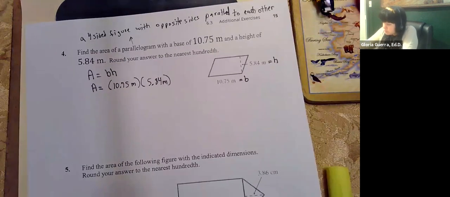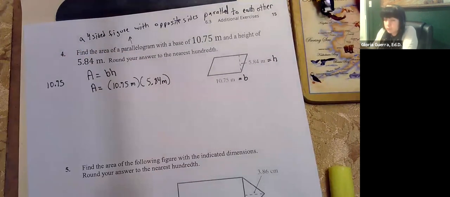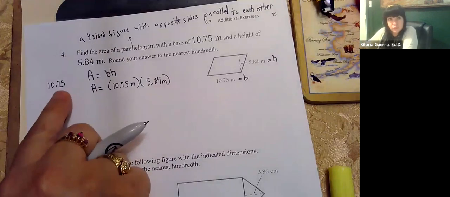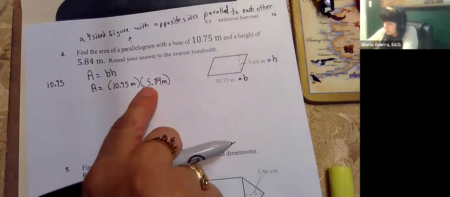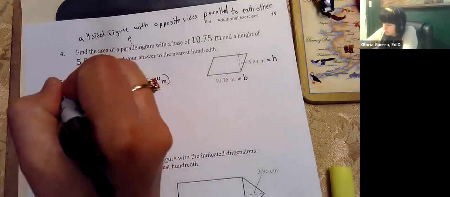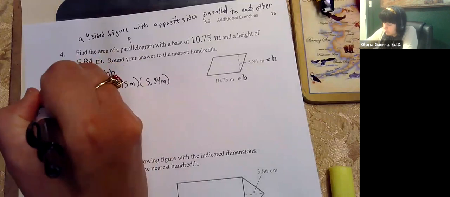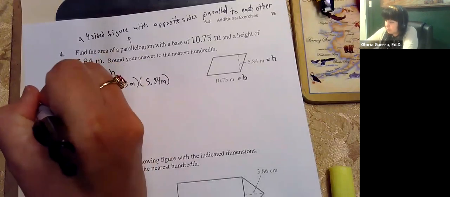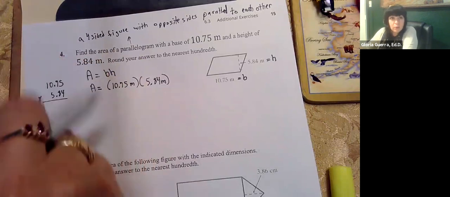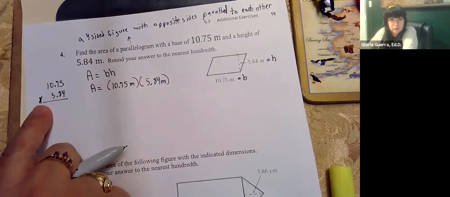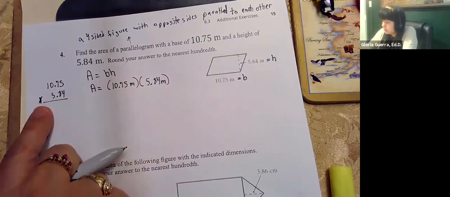I have 10.75. The number with the most digits should go at the top. That has 4, and this one has 3. 5.84. And you're multiplying them, not adding them. So always indicate what you're doing: adding, subtracting, multiplying. So always indicate that here.